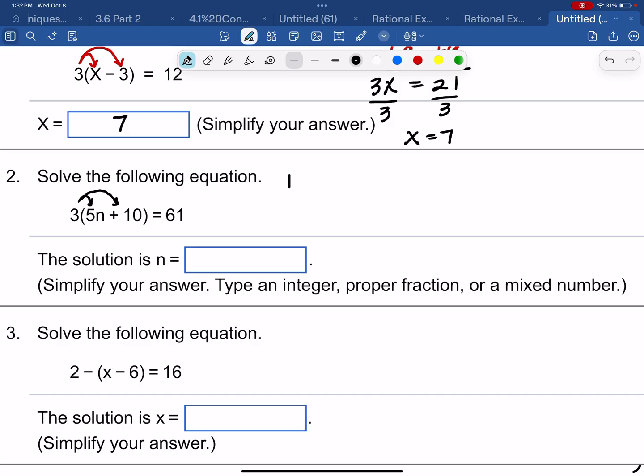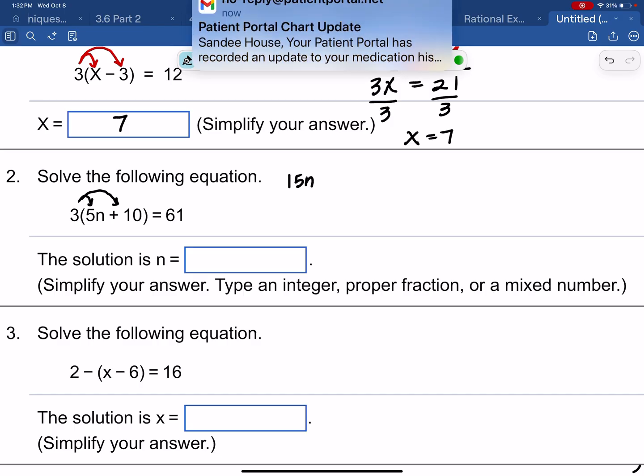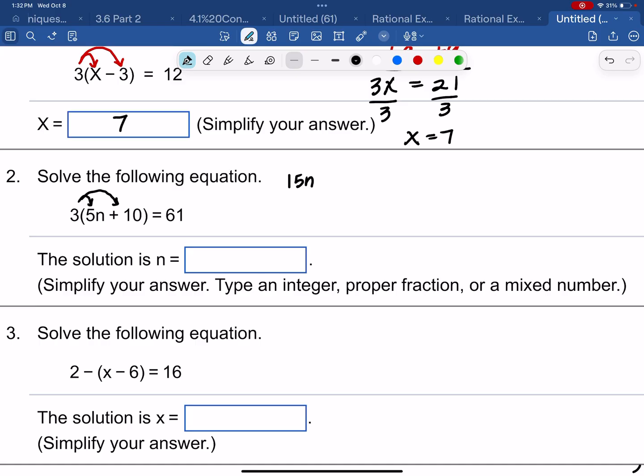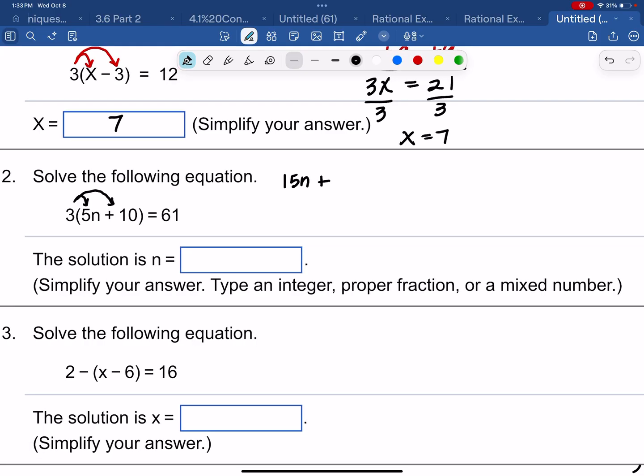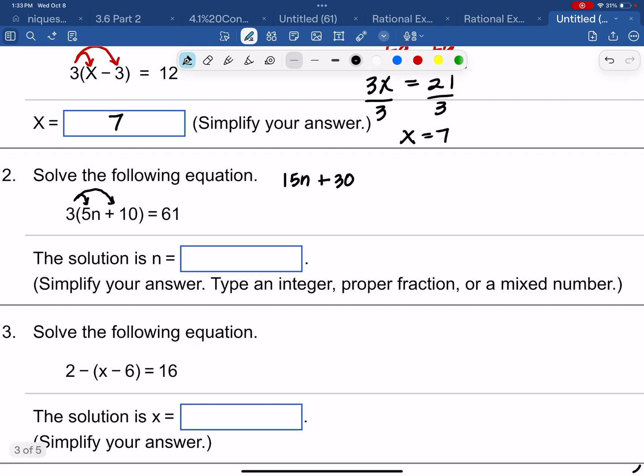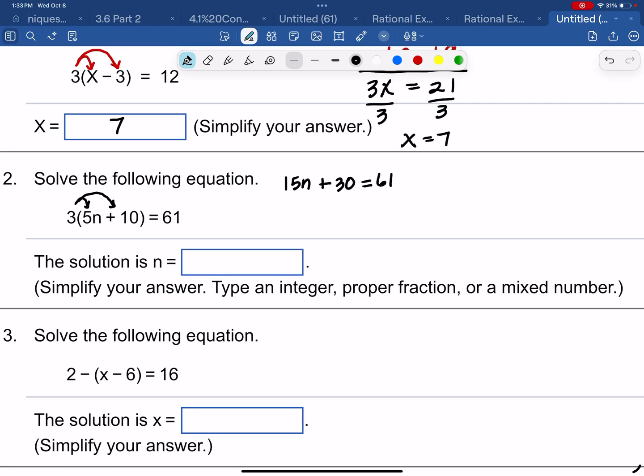That's going to give me 15n plus 30 equals 61. I'm going to subtract 30 from both sides.